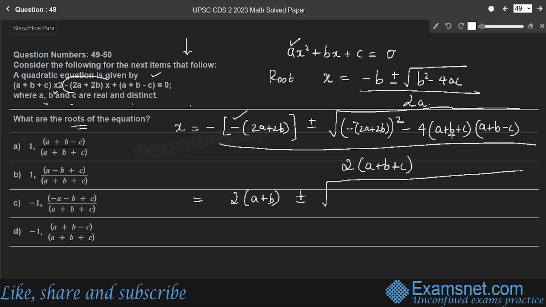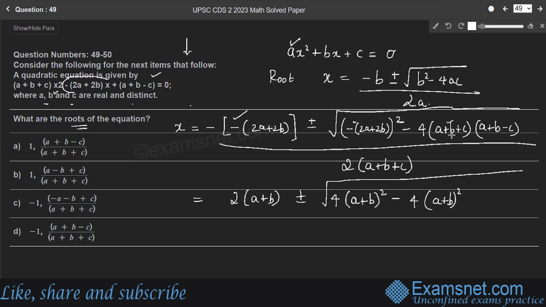the square is plus, so 2a plus 2b the whole square, in which we can take out 2. So its square becomes 4 into a plus b the whole square. Minus 4 into a plus b plus c into a plus b minus c, which is in the form of a plus b into a minus b, which is a square minus b square, where a is a plus b.